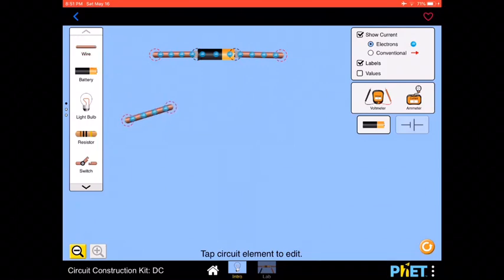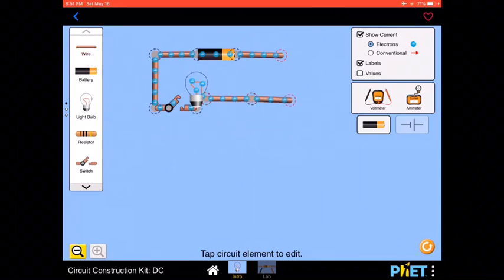So let's say I have that, and I'm going to connect a switch, and here we have a bulb. Alright, and I connect there.